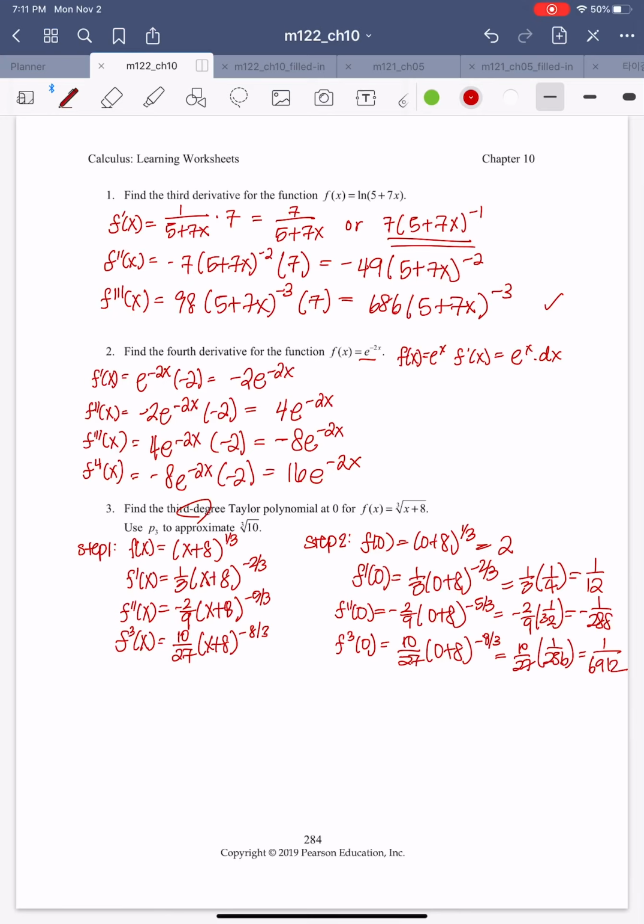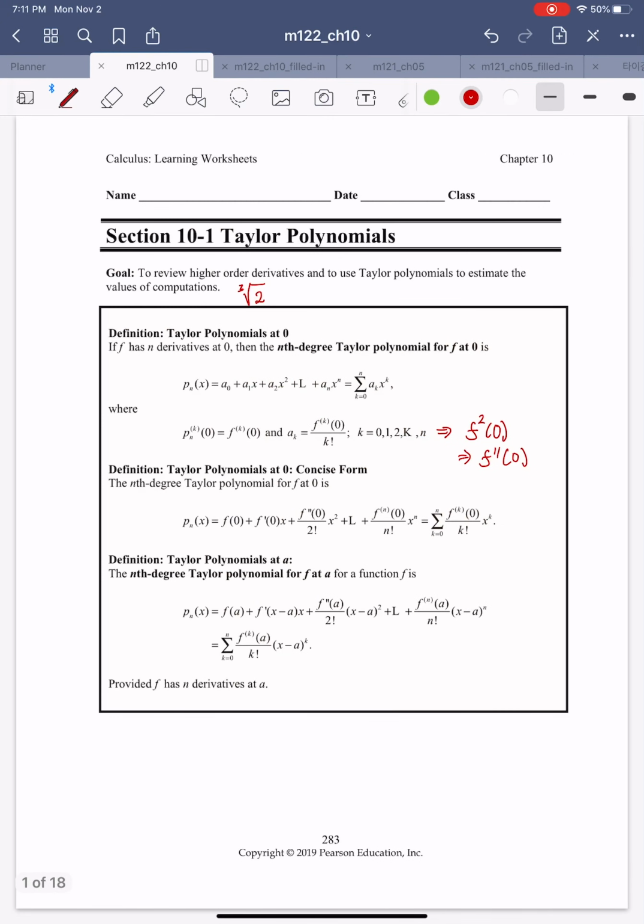All right, now step 3. What do I need to find? These, right? So we got this, we got this. I have the second derivative, but I have to divide it by 2 factorial there. And my third one will be divided by 3 factorial.